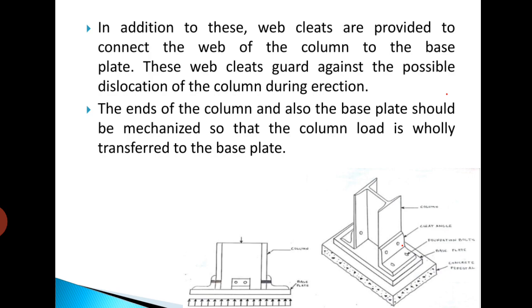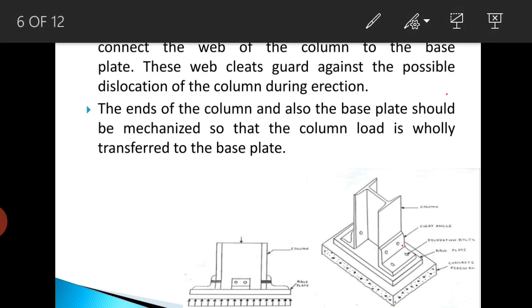Machined means it should be properly connected: the column, the web cleat angle, the flange angle and the base plate. All together, whatever load is coming from the column should be transferred safely to the base plate.